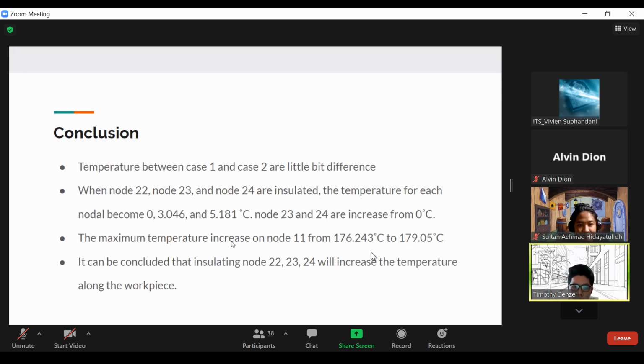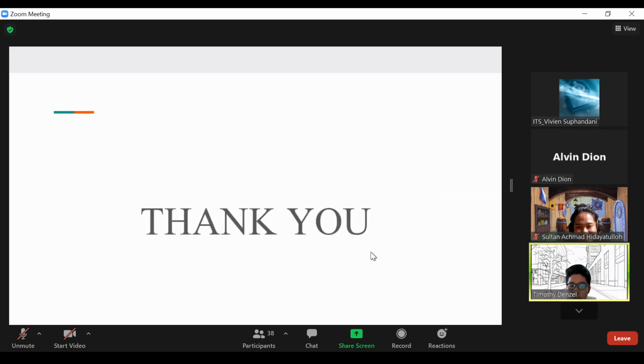The maximum temperature increased on node 11 from 176.243 degrees Celsius to 179.05 degrees Celsius. It can be concluded that insulating node 22, 23, and 24 will increase the temperature along the workpiece. That's all, ma'am. Thank you.